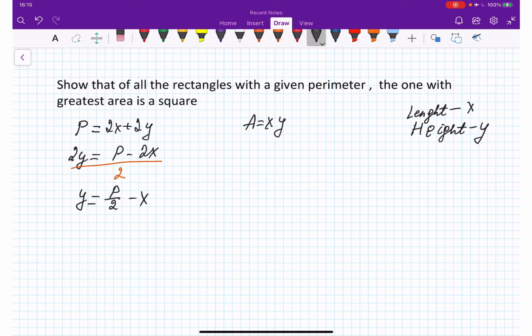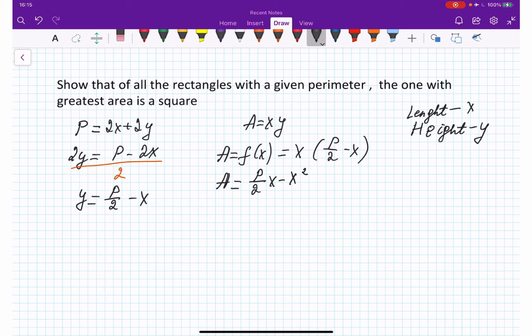Since we are going to represent the area as a function of x, I replace y, which is going to be x times P over 2 minus x. And from here, A is equal to P over 2 x minus x squared.